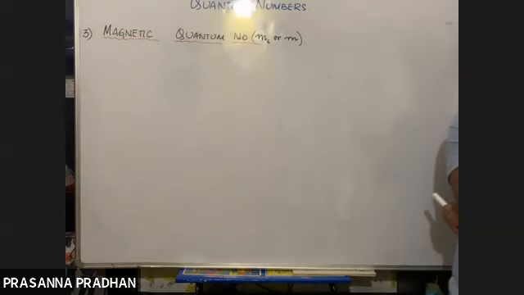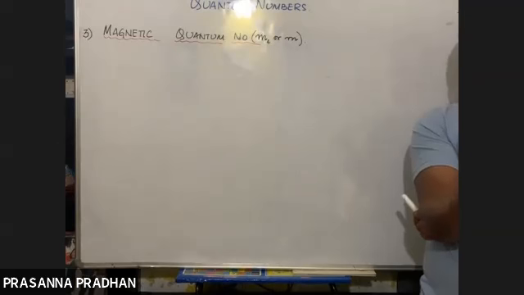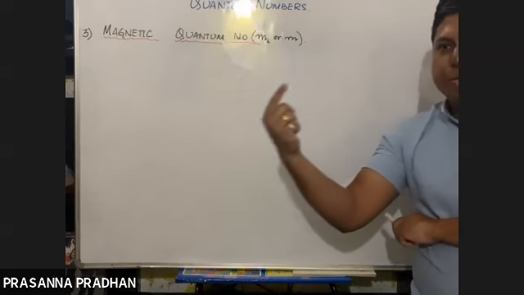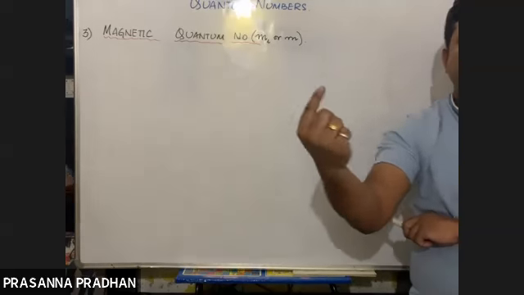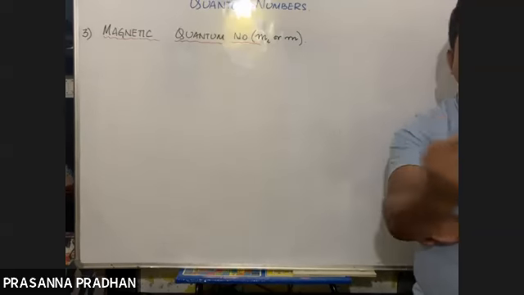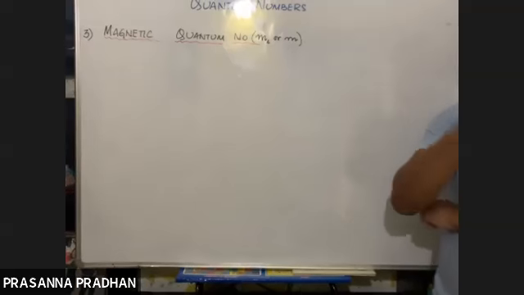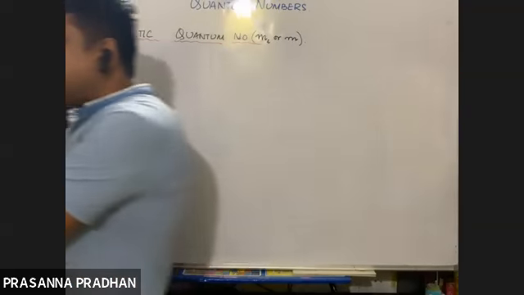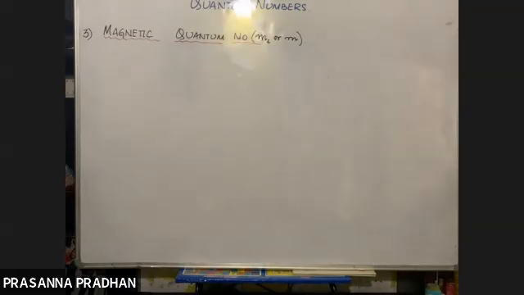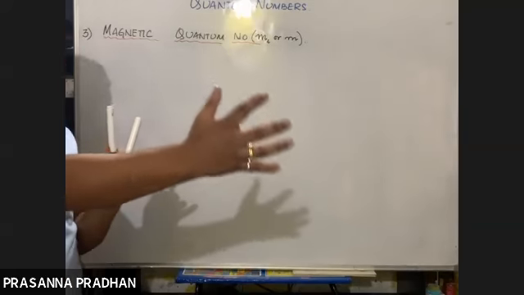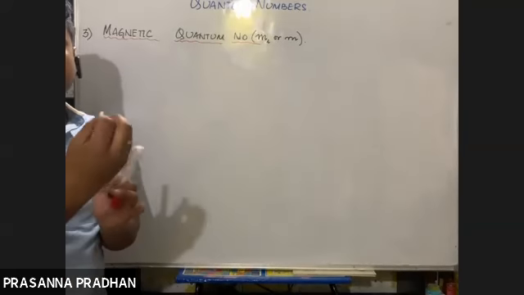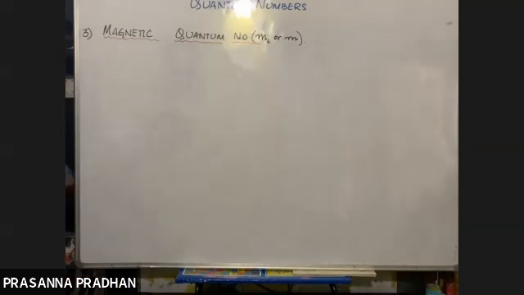So when an electron moves along a circular path like this, it generates a magnetic field. And that magnetic field, when you place it in an external magnetic field, comes under the influence of that external magnetic field.